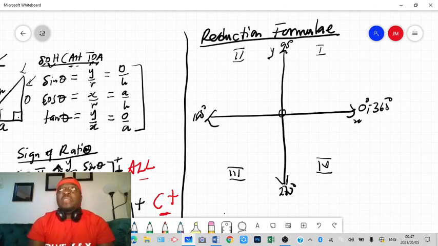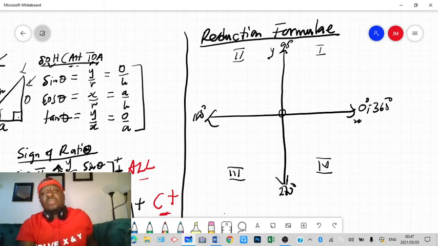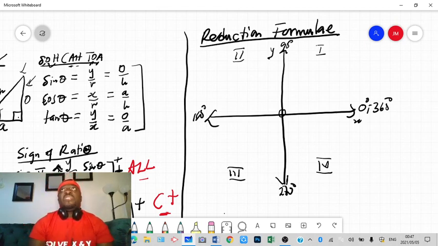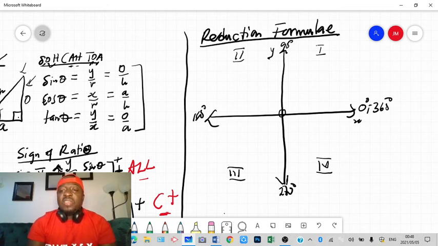In each quadrant, there are two formulas that we are coming to discover now, and these two formulas are going to be used in solving trigonometric expressions, trigonometric equations, and any other question that you may come across. So in the first quadrant, remember, any angle that is formed here will be an acute angle.